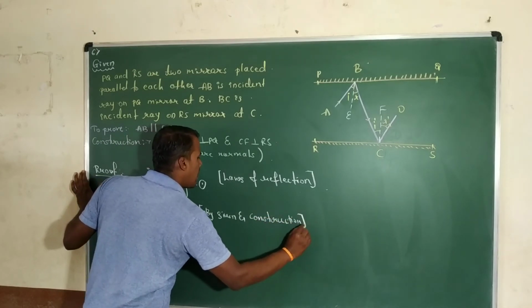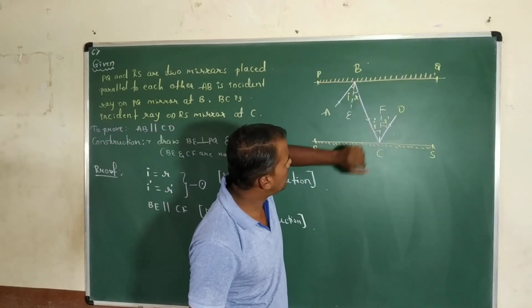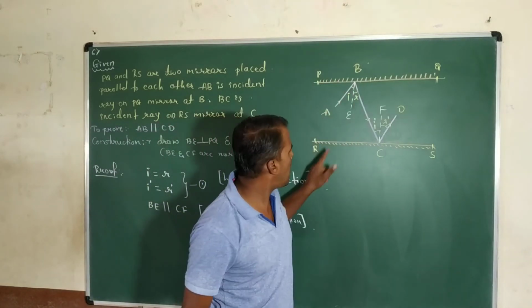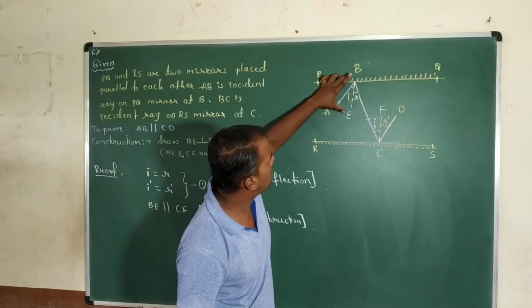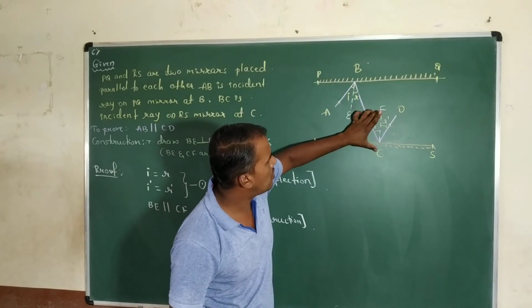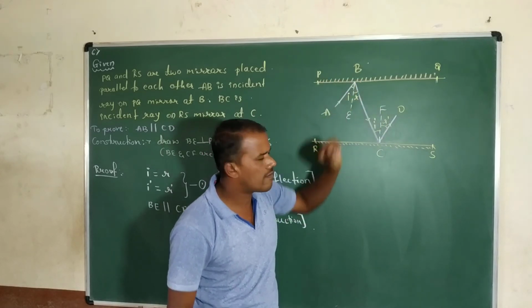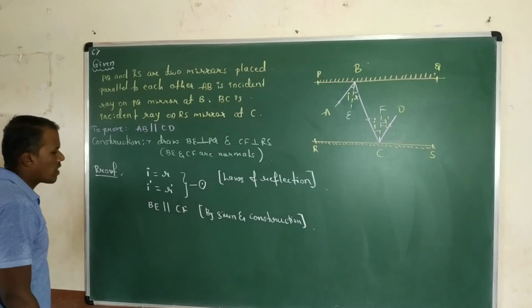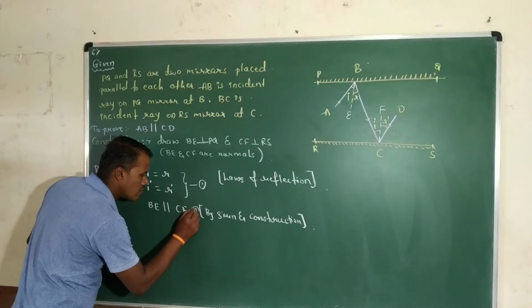BE is parallel to CF because PQ is parallel to RS given, and BE is perpendicular to PQ and CF is perpendicular to RS. Therefore, BE and CF are parallel to each other. This is equation 2.